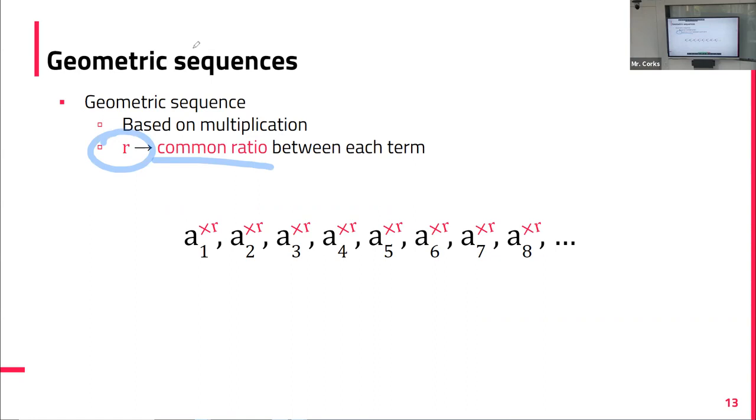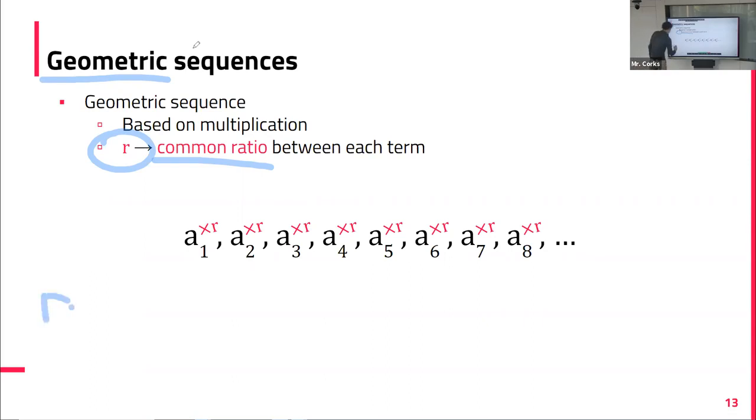The rest of this is the same, very similar concepts. The R value needs to be the exact same thing each time. Otherwise, it is not this special type of sequence, which we see very often in lots of practical applications, with lots of useful formulas that we can know for this, so it's useful to identify.